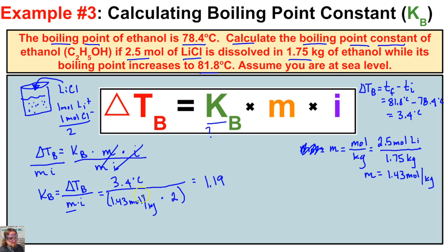Well, our units left over are going to be degrees Celsius, and if we flip this to kilograms per mole, then we multiply by it, not divide by it. So we're going to put times kilograms per mole. So there is our boiling point constant of ethanol.